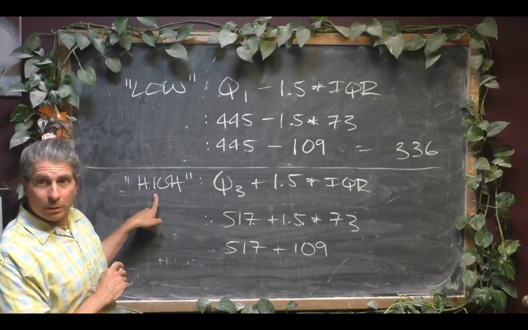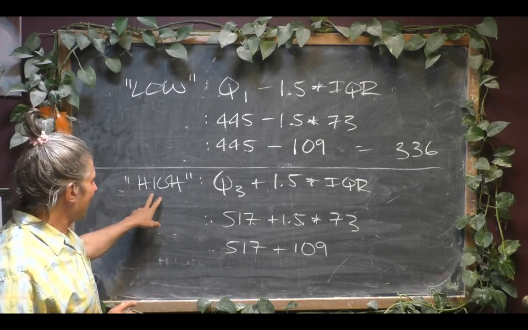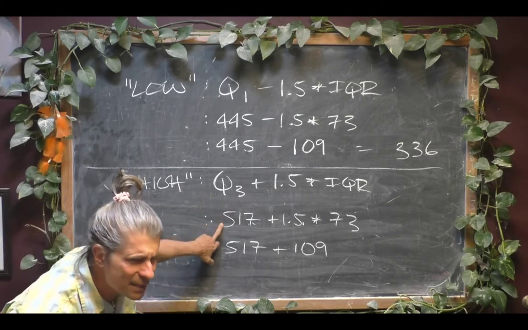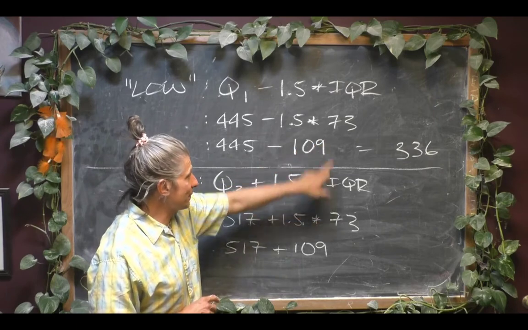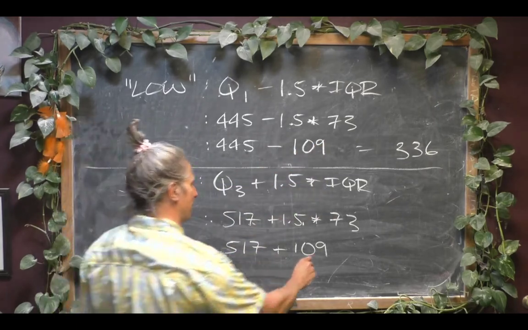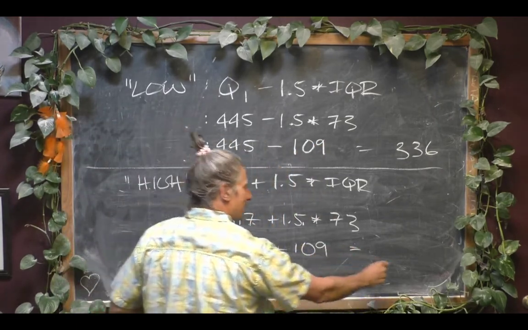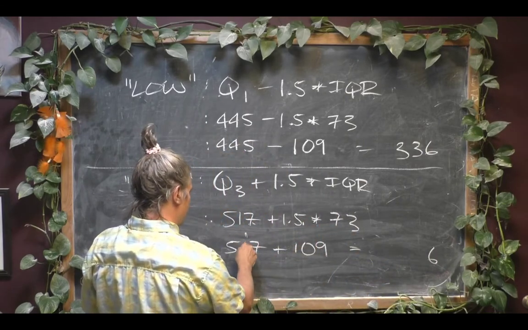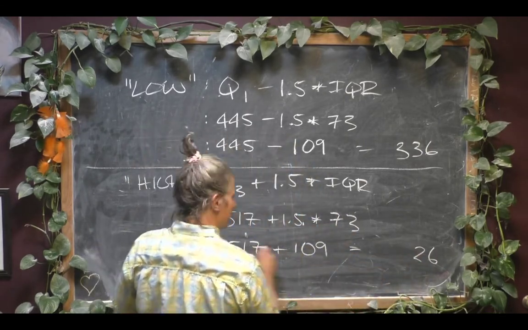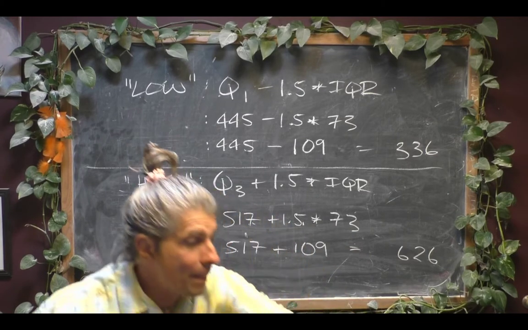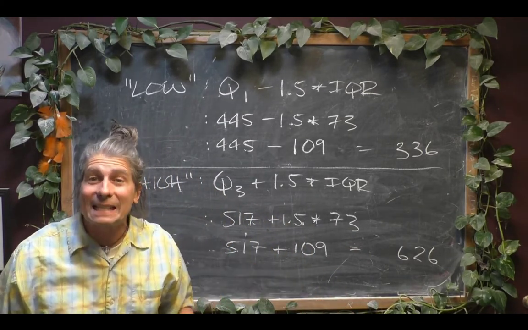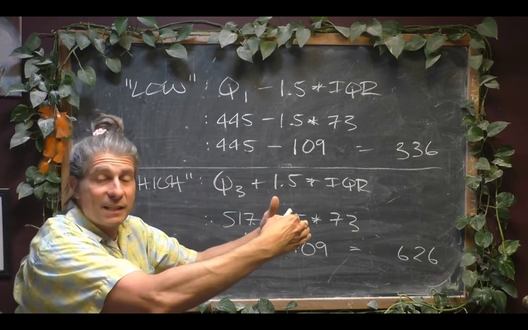High outliers. How about the high outliers? Okay. So the high outliers, we start with Q3, which was the 517, right? Yep, 517. And then we're going to add 1.5 times the 73 again, which is the 109. So let's figure out what that's going to be. 7 plus 9 is 16. Carry the 1. 1 plus 1 is 2. 1 plus 5 is 6. 626. And no, the max score we had was 616. So nothing is larger than 626.